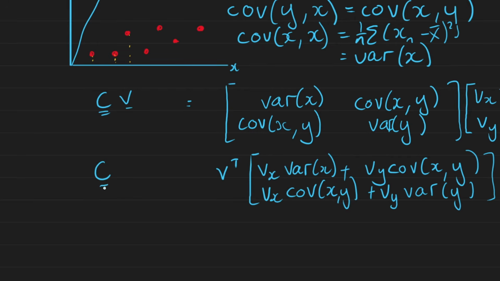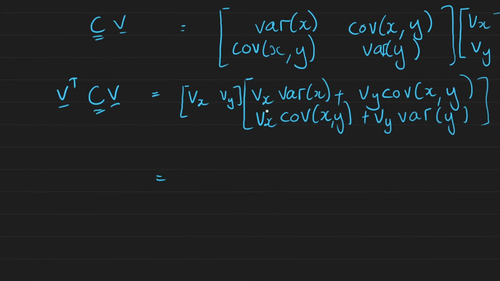So we have this C times V, and now we're taking the dot product with the transpose of that. So this transpose vector simply becomes Vx, Vy. And now we multiply this out. So we're going to have this row times this column.